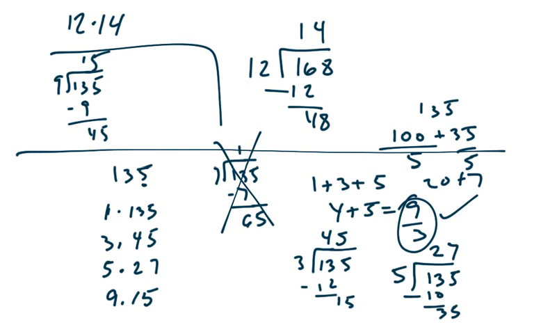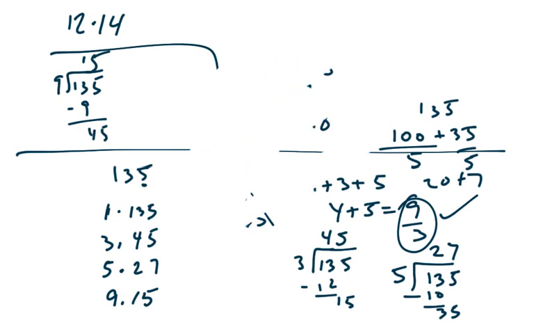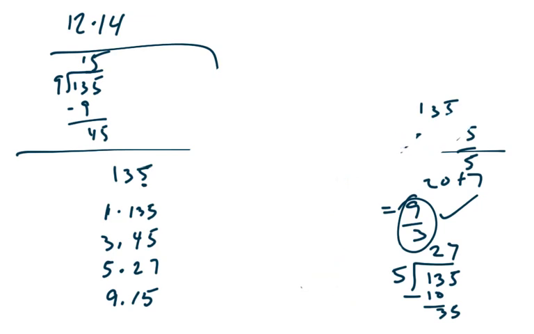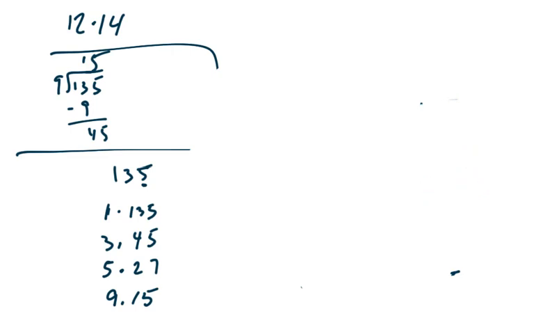I will say this. This is something to look at when we're talking about prime factorization. And this is something that's not formally discussed in this section, but I think it's really, really useful. Let's take 135.